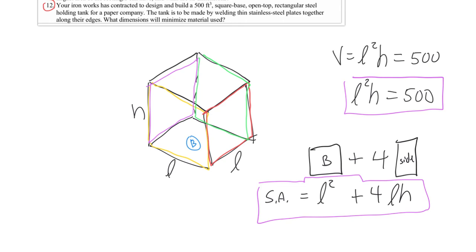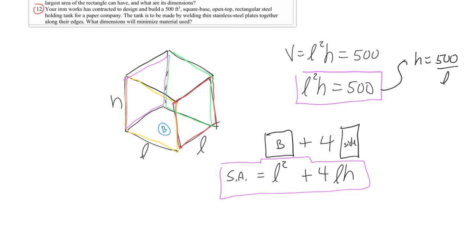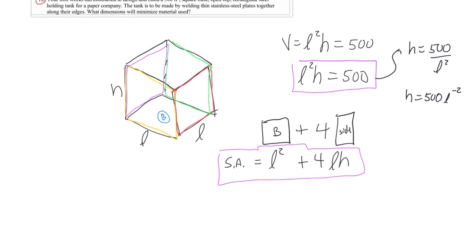It's actually not a hard move to make because, for my student at home, it's possible you already see it, that this one could be turned into H equals 500 over L squared. And we could also say that is 500 times L to the negative 2. So that means we could revamp this equation to be L squared plus 4 times L times 500 times L to the negative 2.